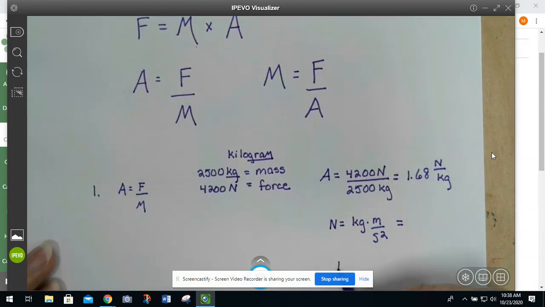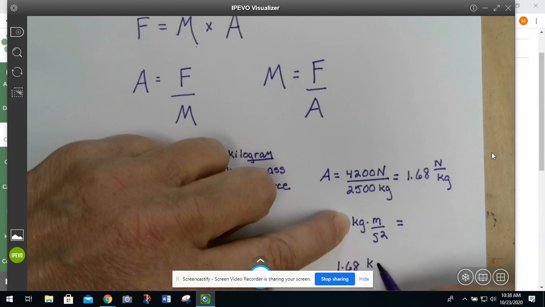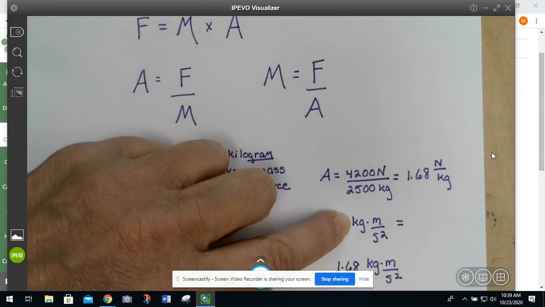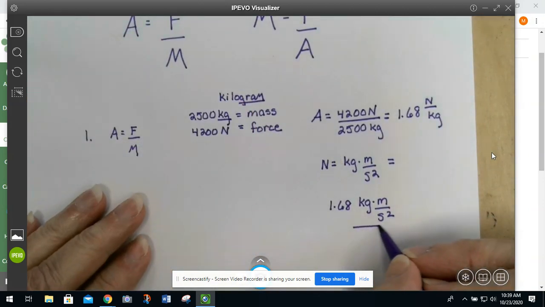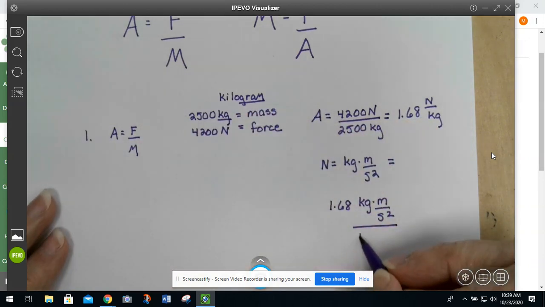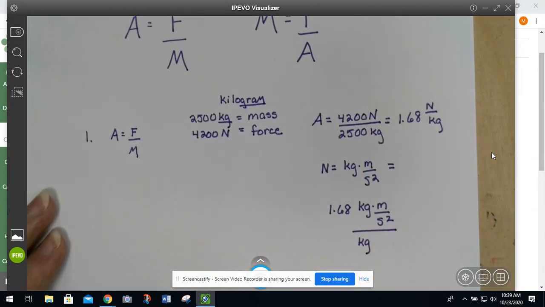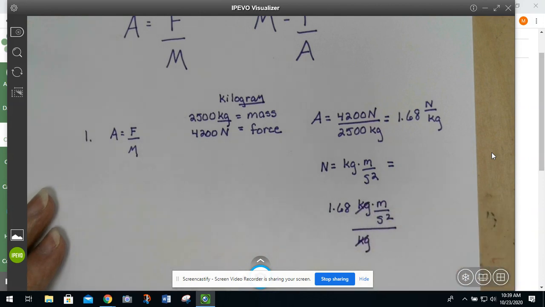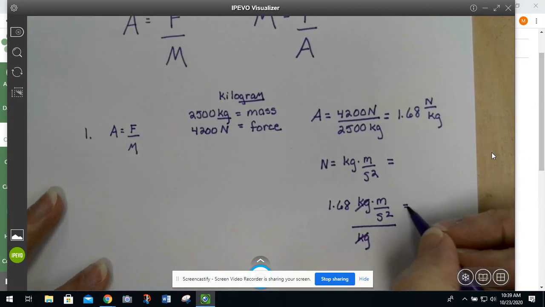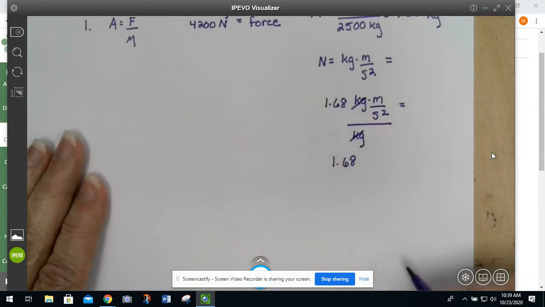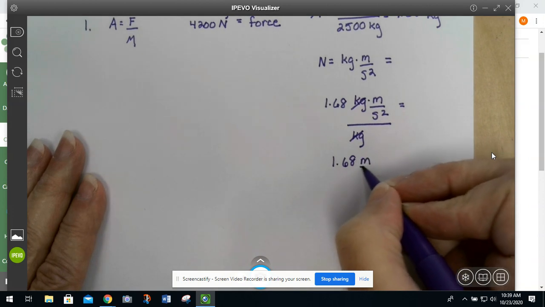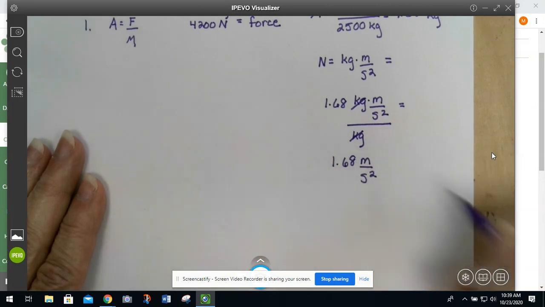Instead of that N, watch what happens if I put this mess in there on the top for the N. Make sure I've got that so you can see it. And then all of that is divided by that kg on the bottom. And look what happens. That goes away. And my final answer is 1.68 meters per second squared.